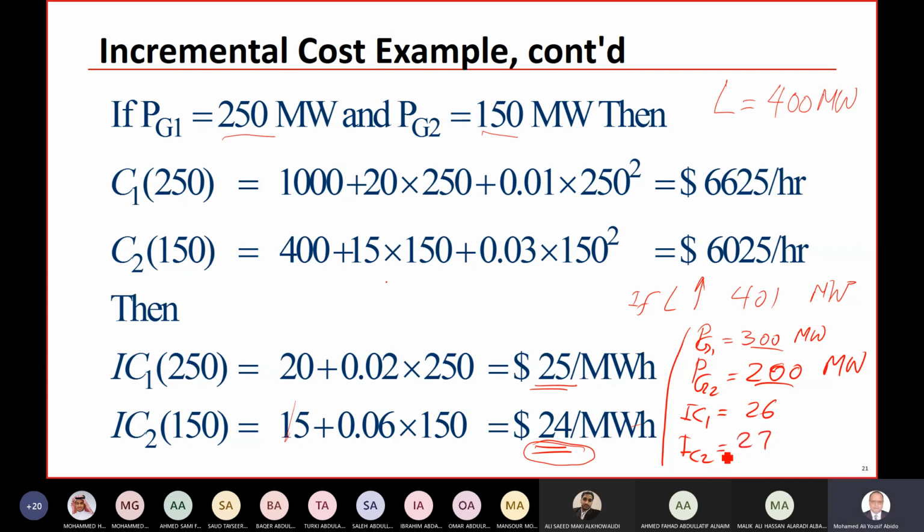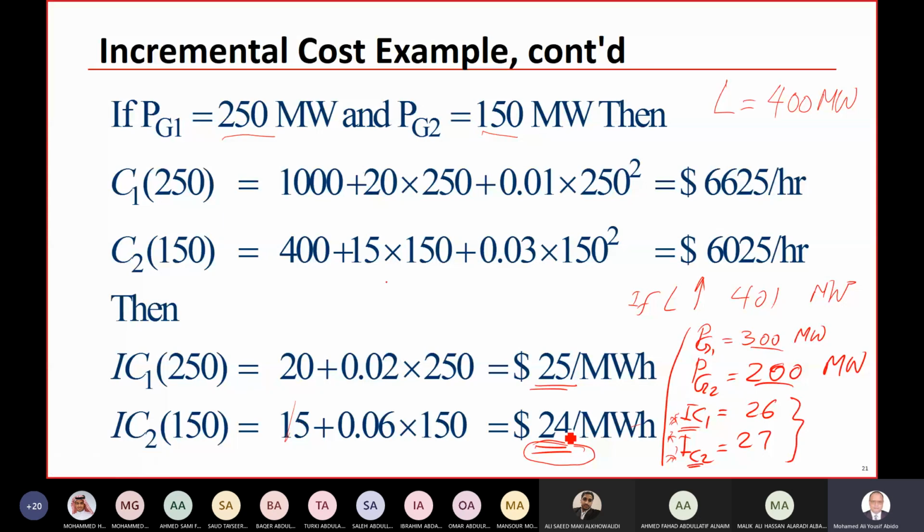Oh, in this case, you can see here, generator 1 at this loading level becomes cheaper than generator 2 if you want to generate 1 megawatt additional, right? Is it clear? Yes, it's clear. Here you can see the importance of having this incremental cost calculated at the dispatch or the scheduling of the output power of generation.